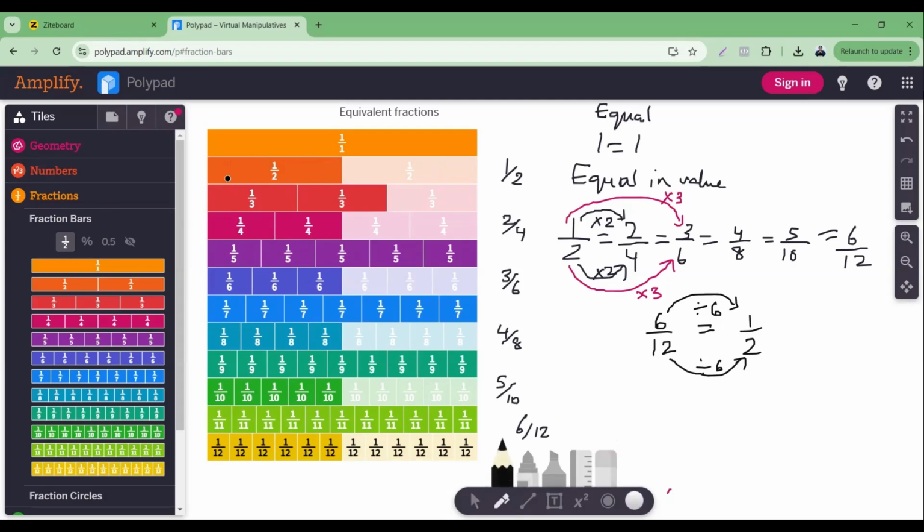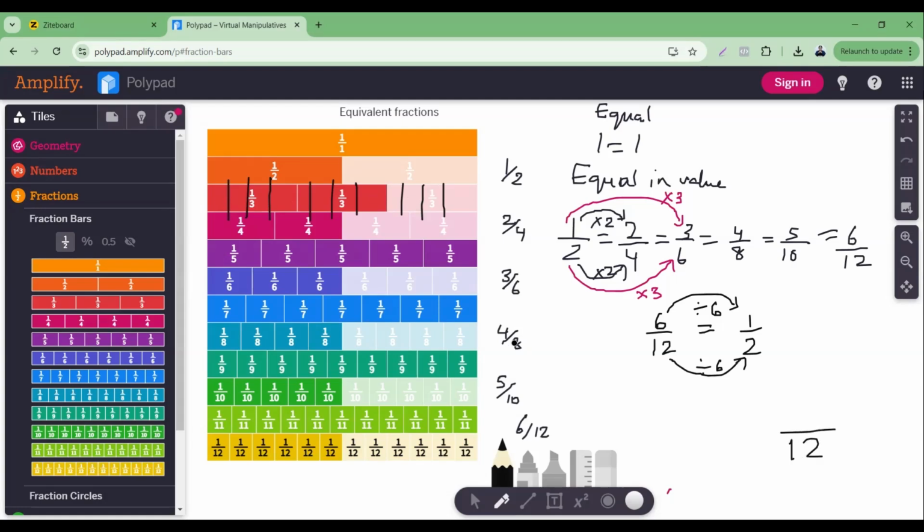One part into 4 pieces. 1, 2, 3, 4. 1, 2, 3, 4. 1, 2, 3, 4. Now, I cut every piece into 4 parts, right? So I got a total number of pieces of 12.